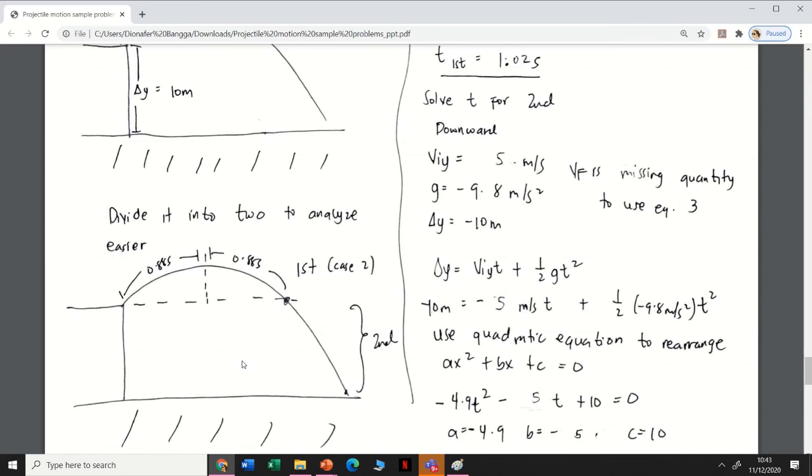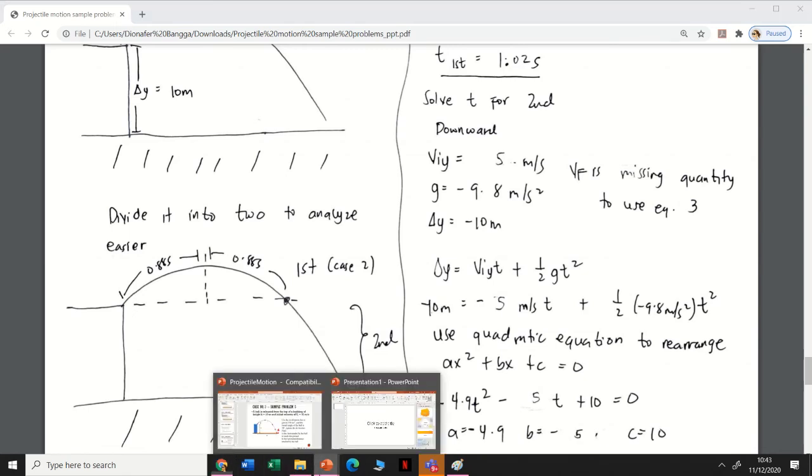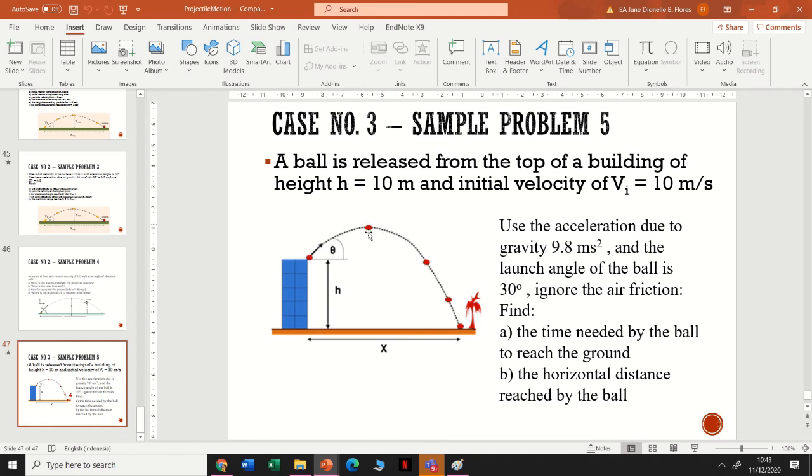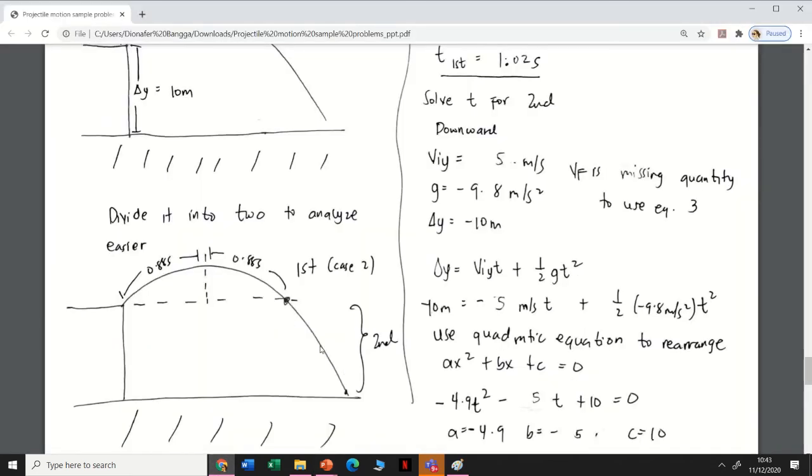Where did I get negative 10? It was actually given in the problem because it mentioned that the height of the building is 10 meters. So you can use that value because it is the same as the distance that the object would travel with respect to the vertical dimension. So we could just treat that height as our delta y on this specific second part of our trajectory.